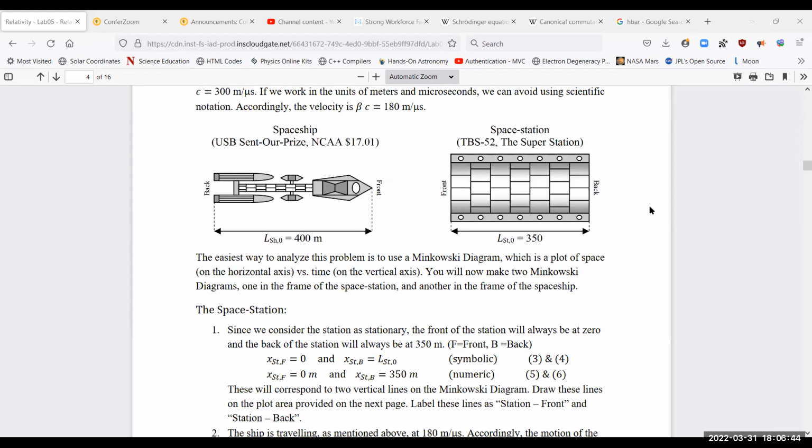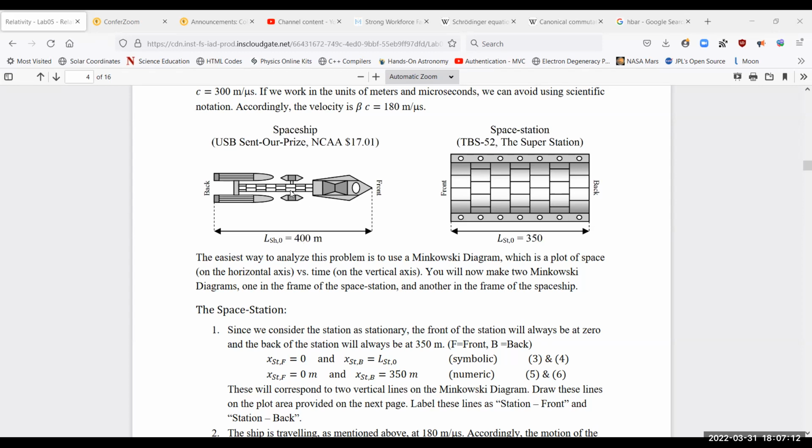So it's going to fit in at once, meaning the front will be before the back of the station, and the back of the ship will be past the front of the station, because it's smaller in size from my vantage point sitting in the station.